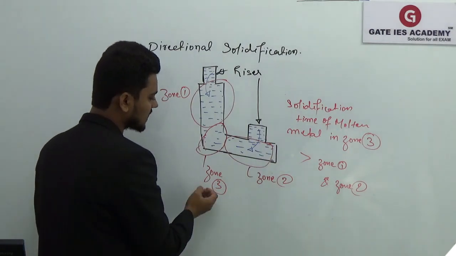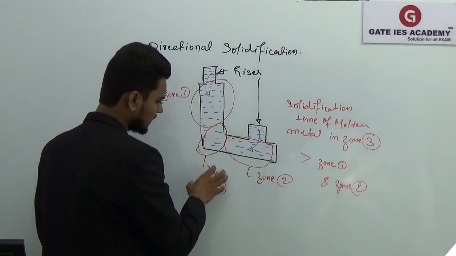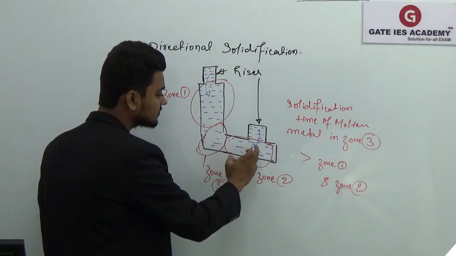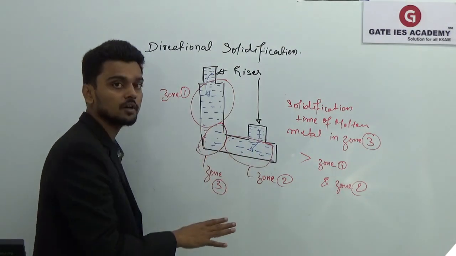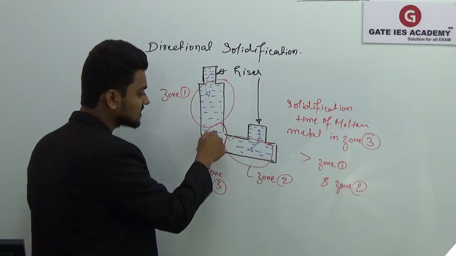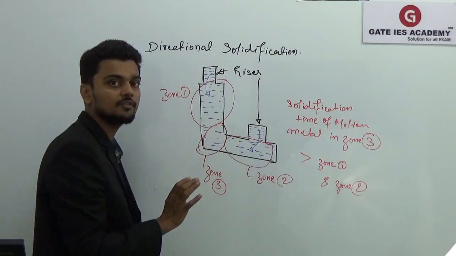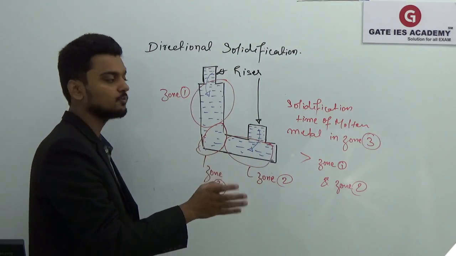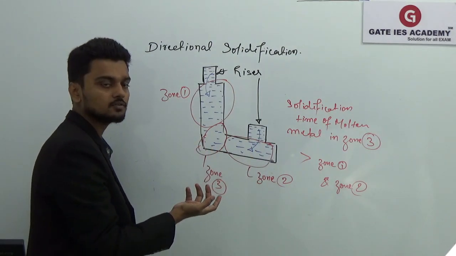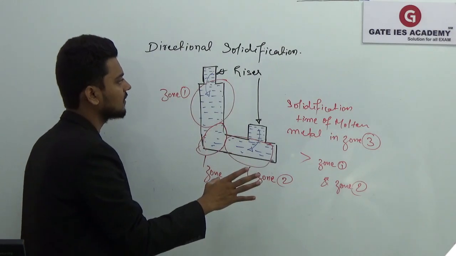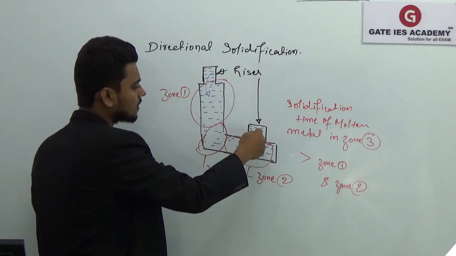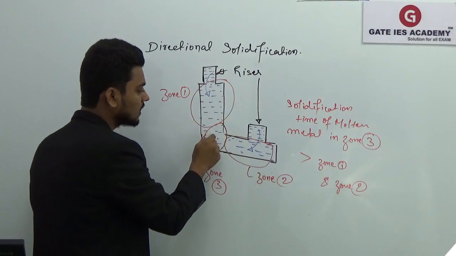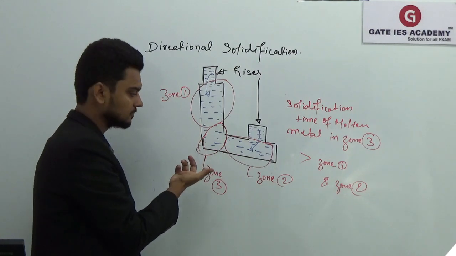Now zone 3 will take greater time than zone 1 and zone 2, and we do not have a riser at the corner to compensate the shrinkages taking place during solidification. Why? Because zone 1 and zone 2 have already solidified, so the molten metal from this riser will not be able to feed the shrinkages in zone 3.